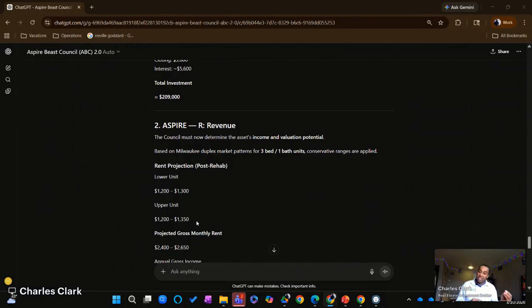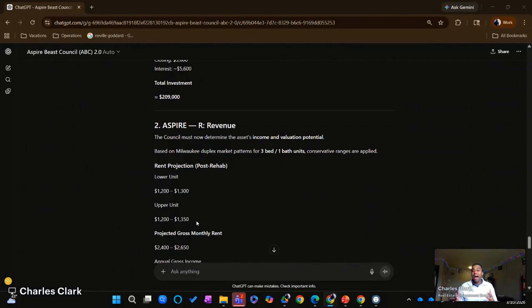Sometimes people don't want people to live above them, right? But in these situations, that is how he was able to truly turn this property around, because he was able to fix up the upper unit, get the roof done, get some of the foundation things done, and then move the lower tenant upstairs.